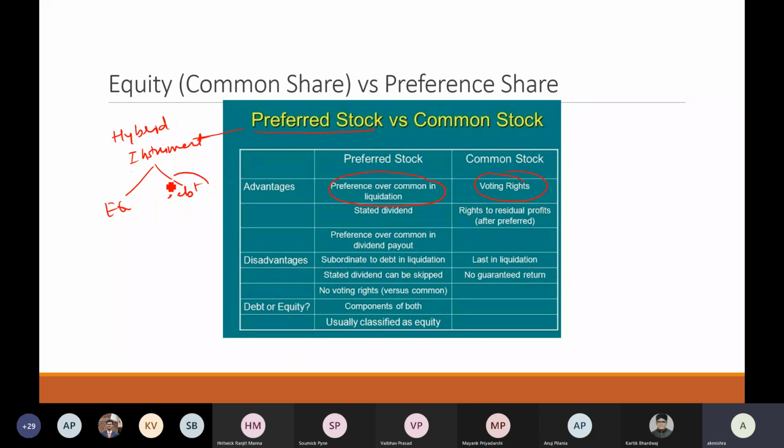Why debt? Because whenever a company issues preference shares, the shareholder will get a stated preference dividend on a regular basis, and that is one of the characteristics that makes preference stock similar to a debt instrument.